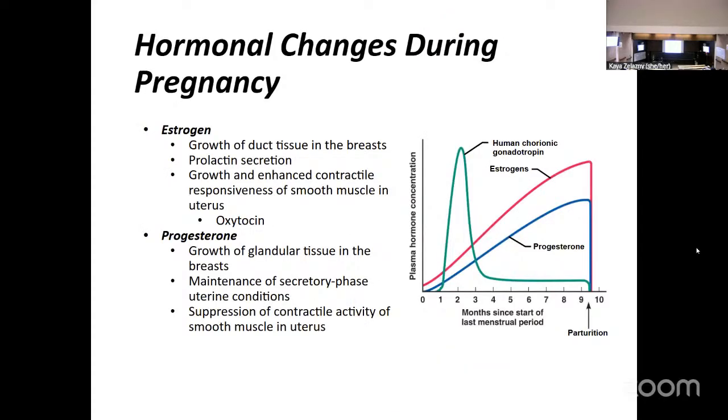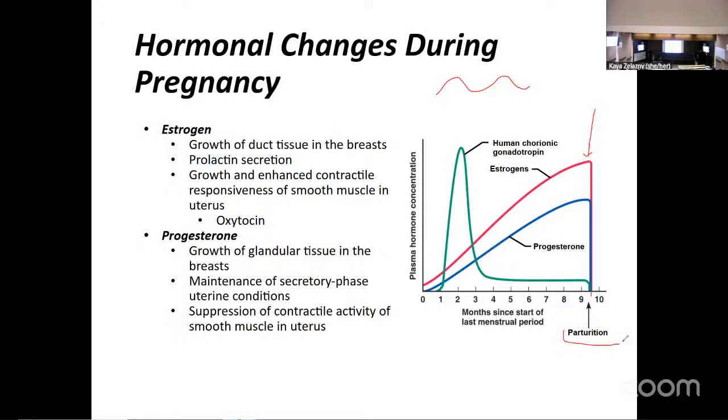So if we're thinking about what these hormones do during pregnancy, we'd be thinking about a really different graph. Right? So looking over here on the right-hand side, you can see what's happening with estrogen in red here. Instead of having these kind of rises and falls on a monthly basis, we see estrogen going up and up and up until right before birth.